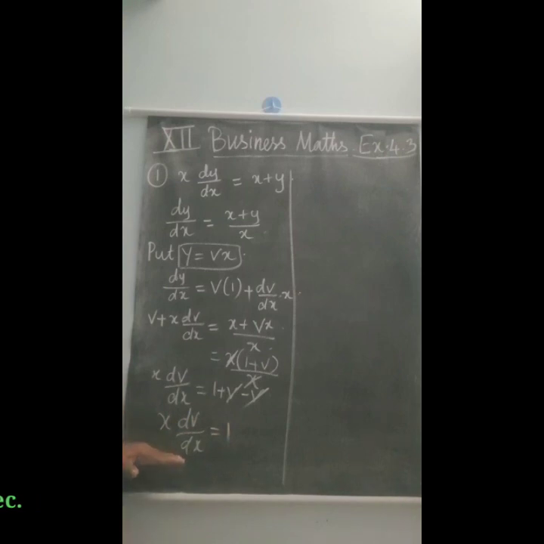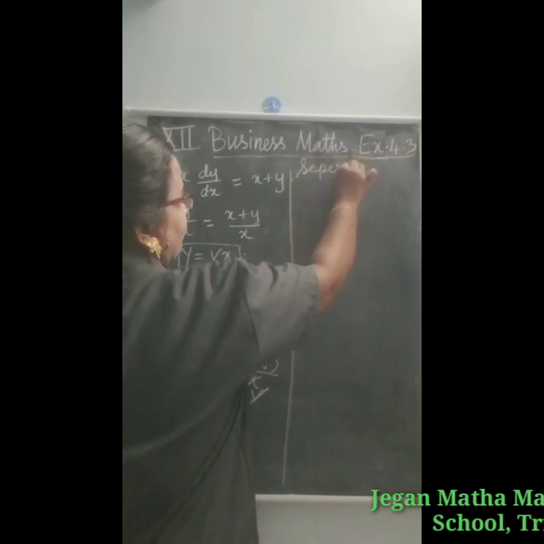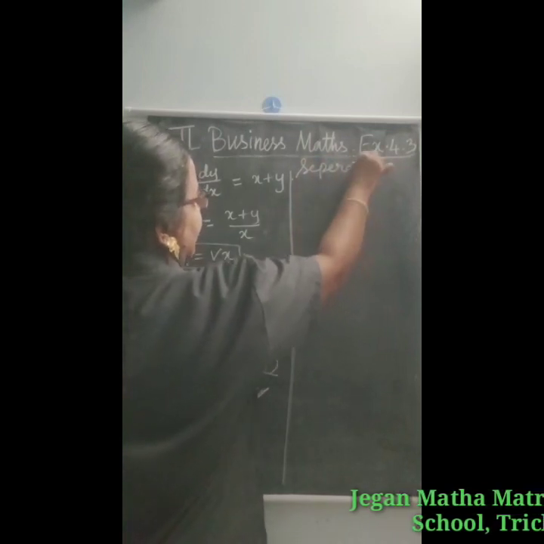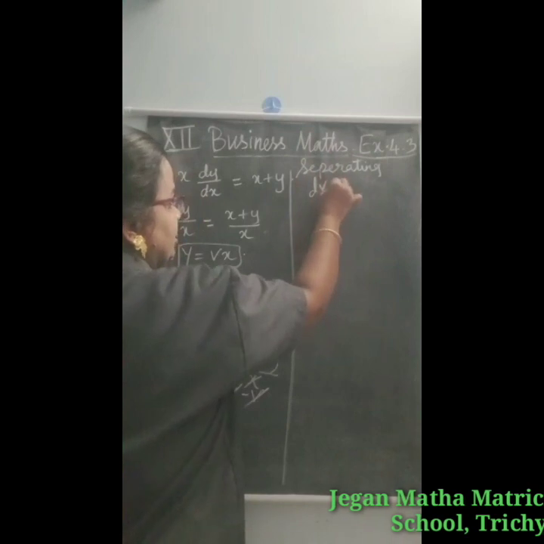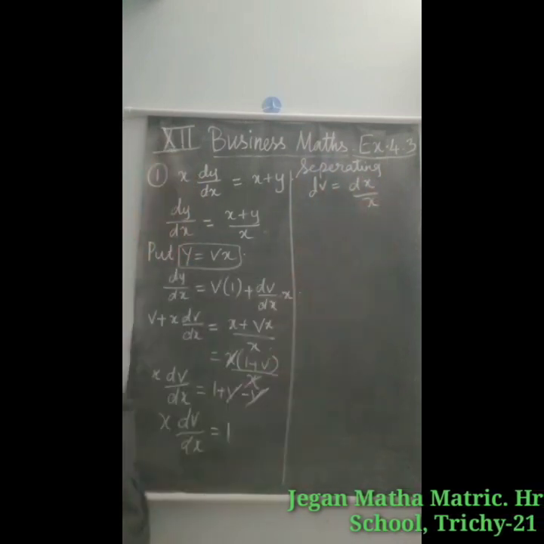So, x into dv by dx is equal to 1. After that, we have to separate the variables. We will get dv on one side and dx on one side. So, dv is equal to dx by x. So, separating the variables, we will get dv is equal to dx divided by x.